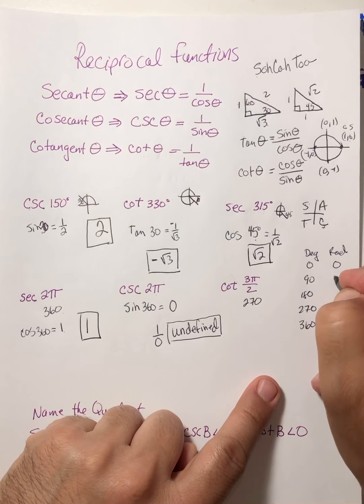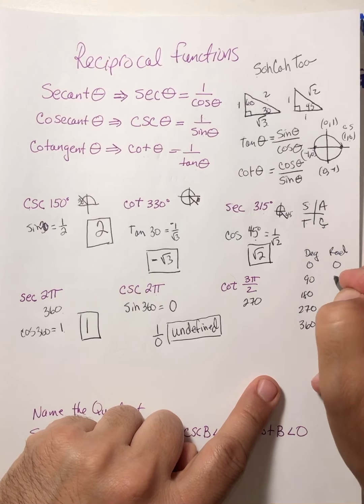All right, how do we do the name the quadrant game? Now I'm going to do my little check marks. So I'll do a black check mark, and then a purple check mark. So secant, what do we say for secant? That's cosine. So whatever works for cosine works for secant.